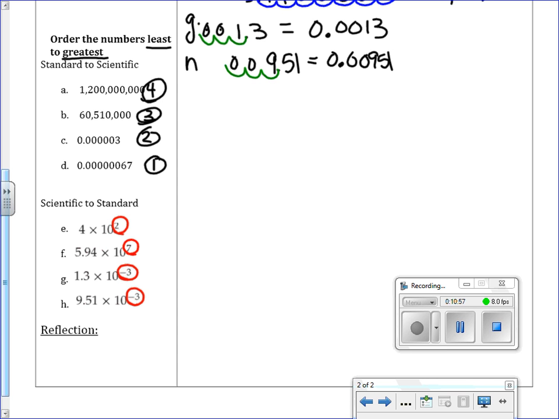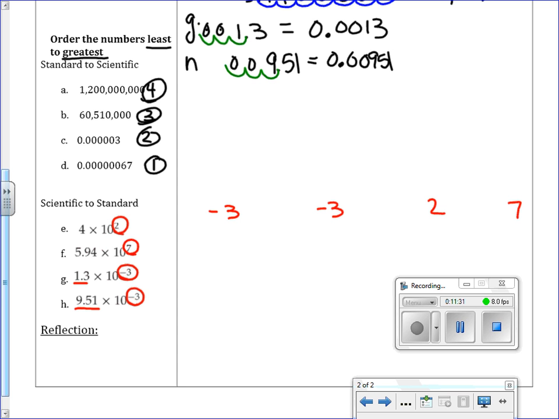Well, if I was just comparing these numbers, I could say -3 is small, and there's another -3, and then there's a 2, and then there's a 7. So I went ahead and I compared my integers. But there's 2 -3s that are listed there. So now what I need to do is I need to look at what's getting multiplied to 10 to the -3rd.